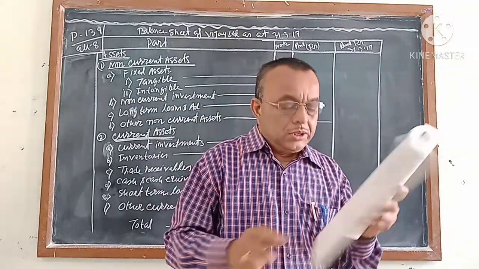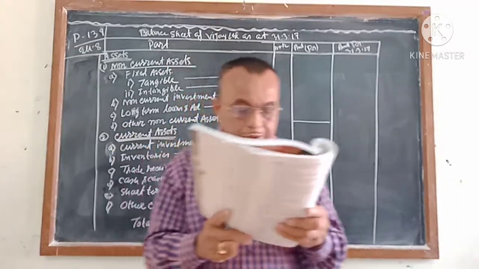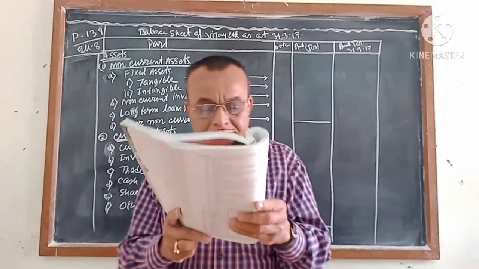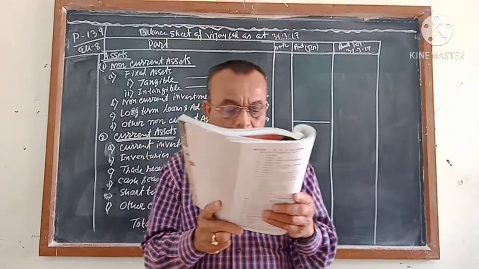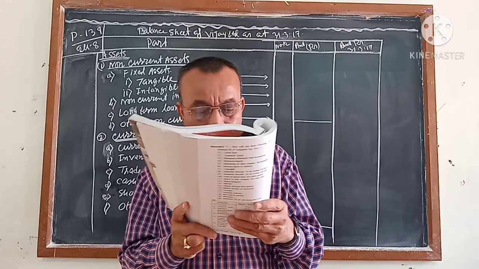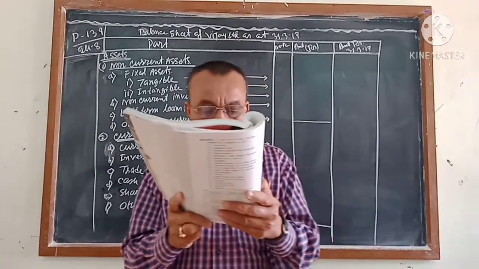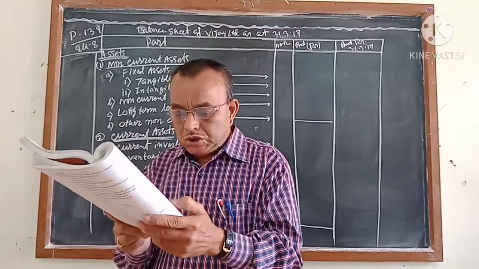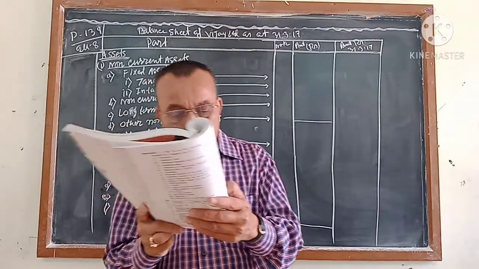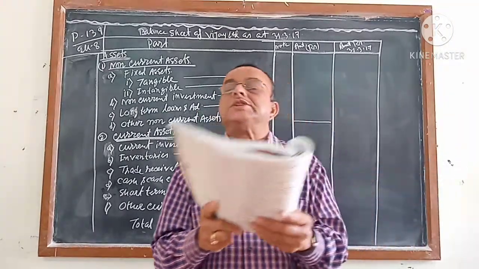What do you have to do? Let me read the question, after that I will tell you what you have to do. Fixed assets tangible, cash and cash equivalent, long-term loans and advances, inventory, other non-current assets, non-current investment, current investment, trade receivables, short-term loans and advances, other current assets, and fixed assets tangible.